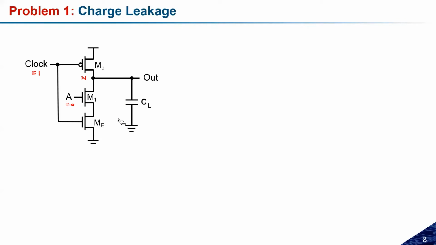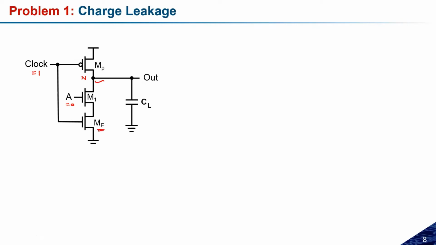But now let us consider that the evaluation phase is there and the input A is equal to 0. So this M1 transistor should be in the off state, and this ME transistor will be in the on state. There could be two kinds of possibilities. The first possibility is that because M1 is in off state, M1 will offer a reverse bias diode configuration.